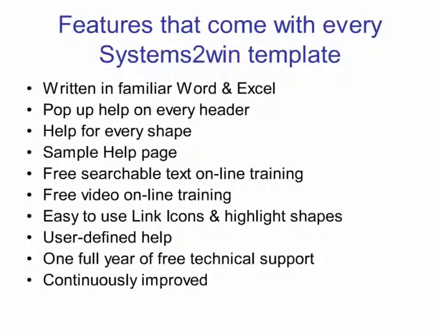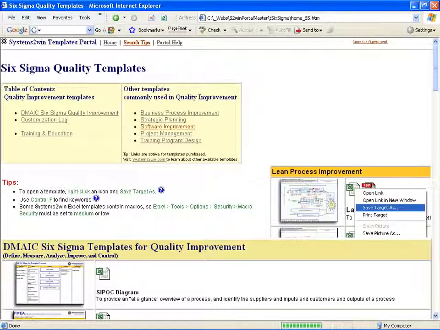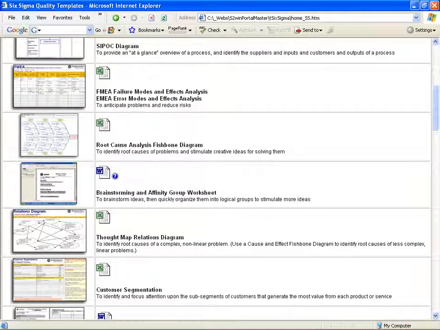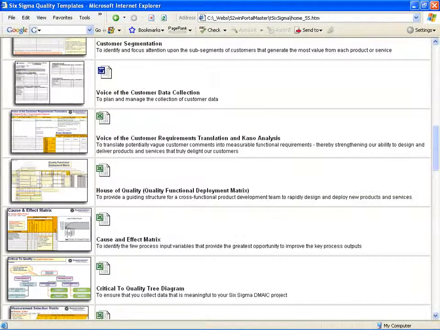With pop-up help, sample help, online training, macros, professional attention to subtle details, consistent user interface, and all the attention to making the templates easy to use. And number two, have you already invested the weeks of full-time effort that it would take to develop something close to this entire suite of tools?